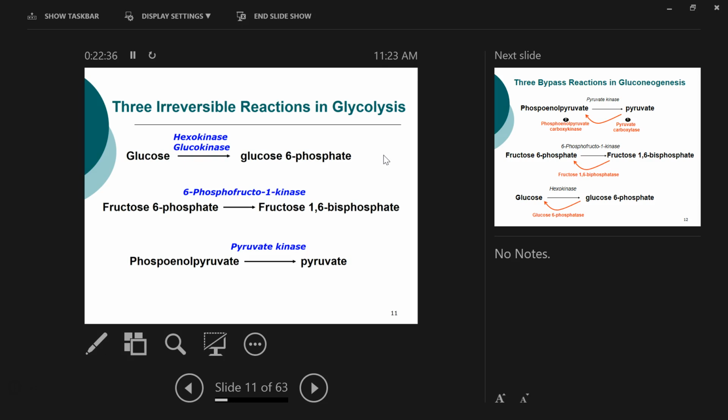So these three reactions include, one, glucose converted to glucose 6-phosphate by glucokinase, hexokinase. This is the first key reaction in the glycolytic pathway.